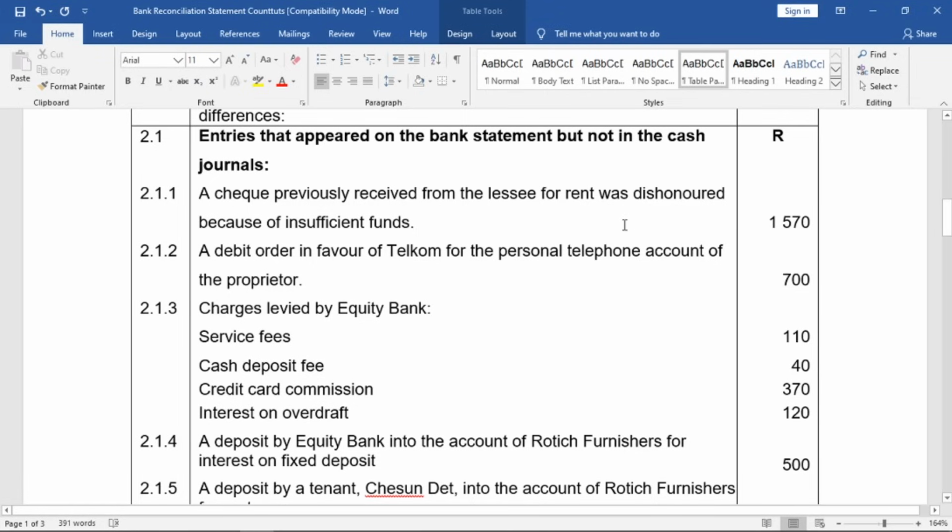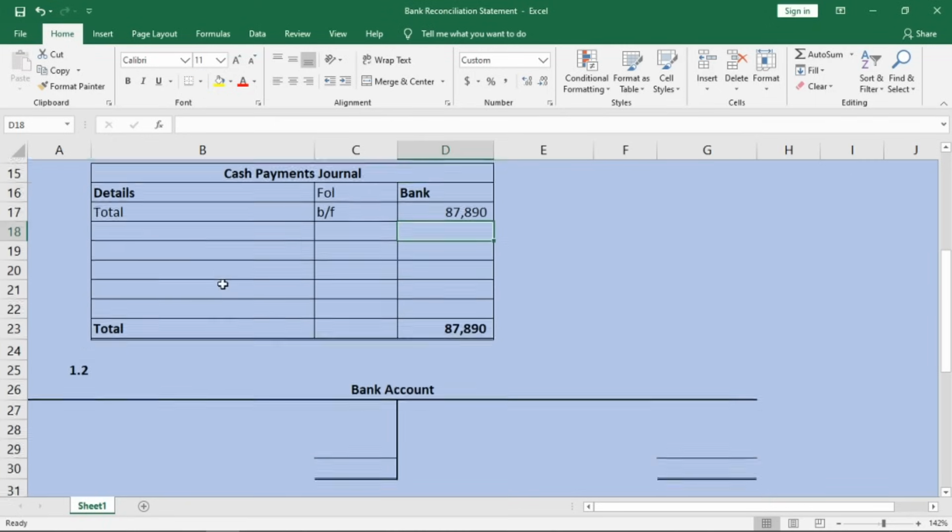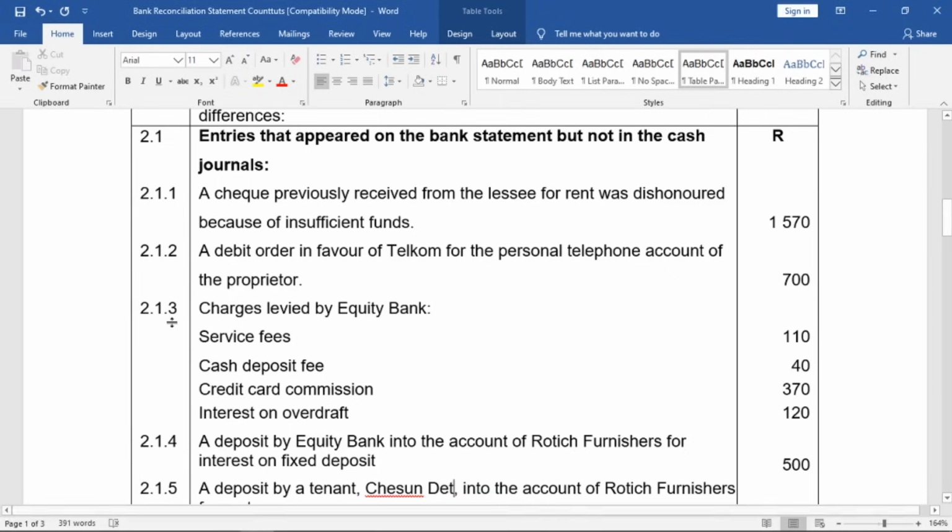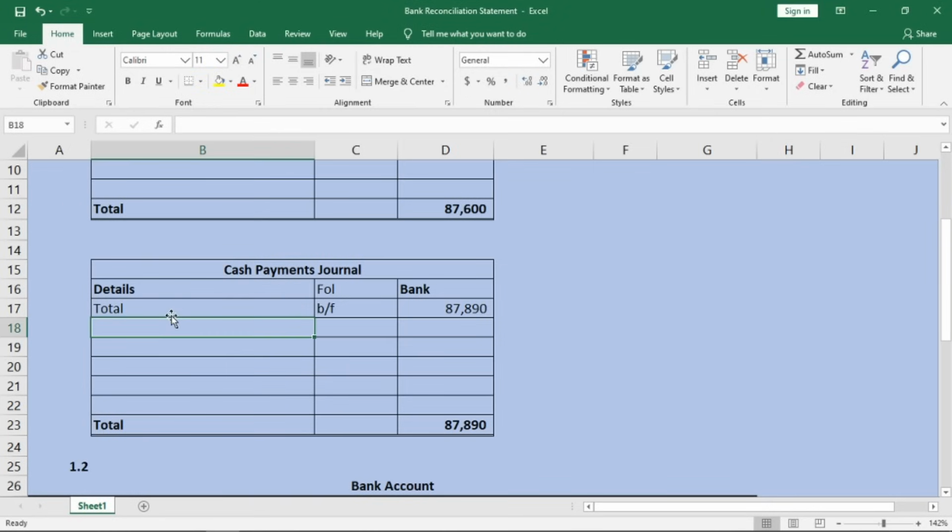We put it in our cash payments journal. So we go to our cash payments journal and put it there. So here you can put anything. You can put dishonored check, or you can put check from lessee. So I'm just going to write there debtors control, because he now owes us money.